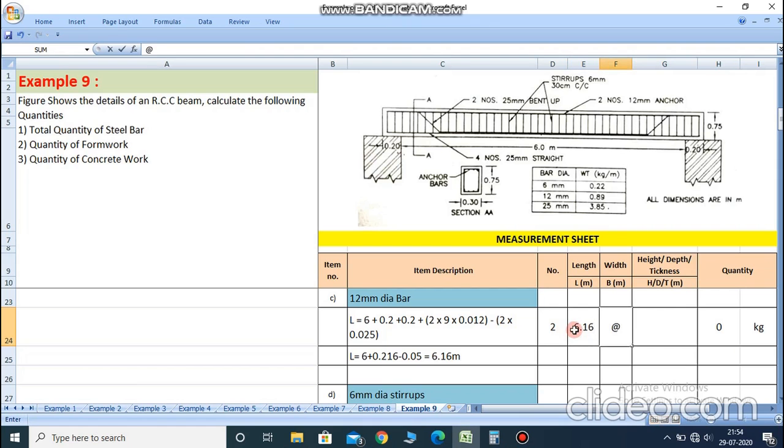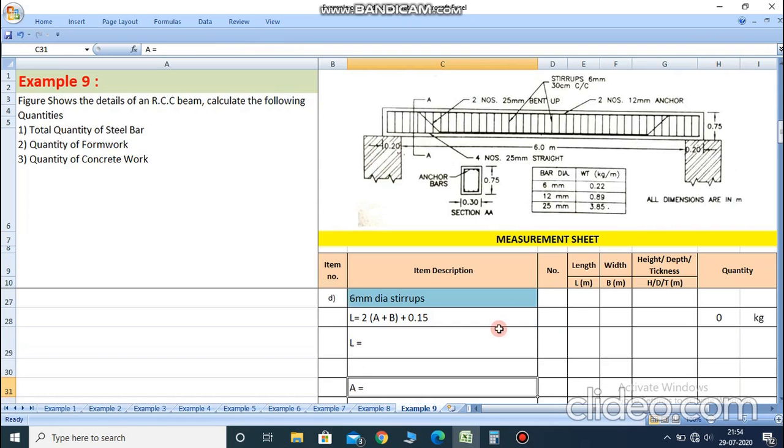At the rate, for a 12 mm diameter bar per meter length, the kg value is given as 0.89. So right here 0.89. So we find the multiplication of 2 multiplied by 6.16 multiplied by 0.89. So 10.965 kg is its answer for the 12 mm diameter anchor bar. So here only two numbers are given.